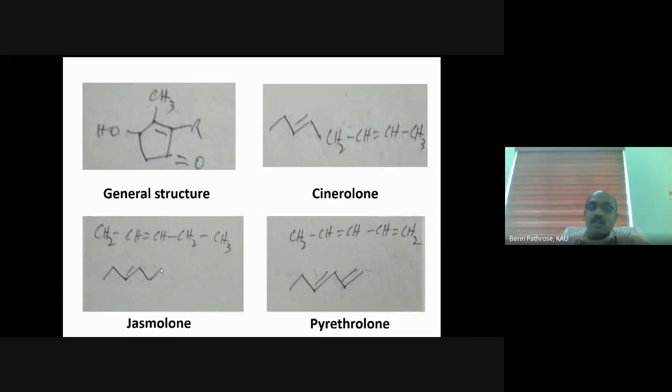We have one more carbon atom attached, so it will be a 5 carbon side chain, CH2, CH, double bond, CH, CH2, CH3. And pyrothrolone comes alphabetically after J, only P comes after. So instead of adding another carbon atom, we add a double bond to the existing 5 carbon side chain of jasmolone. So that's the way I remember.